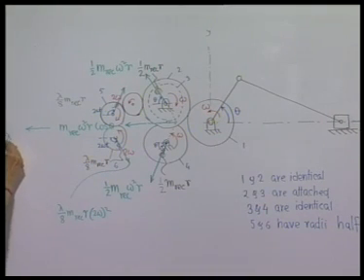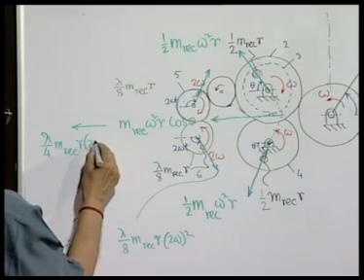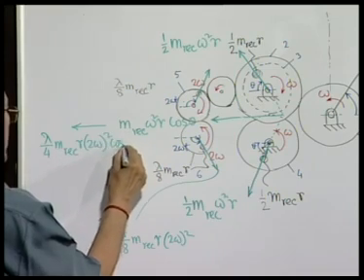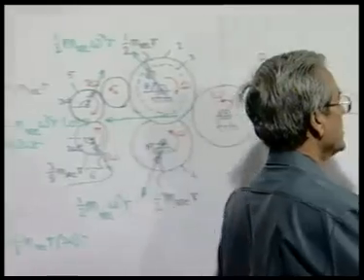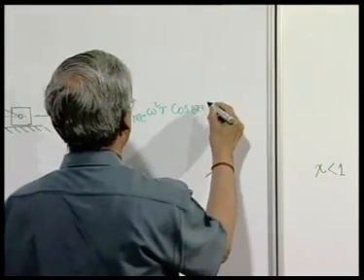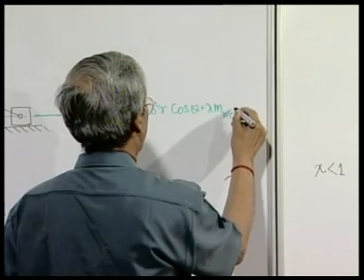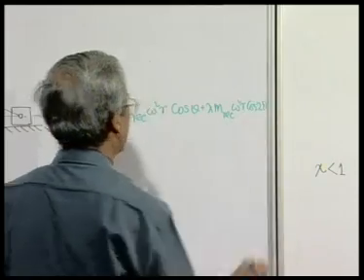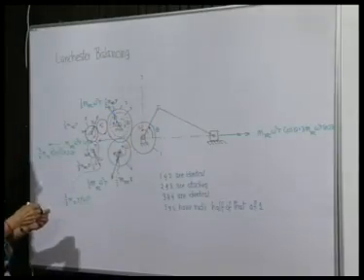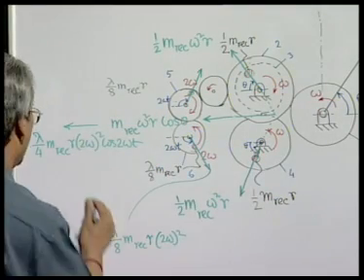So, it will be lambda by 4 m reciprocating r 2 omega square cosine 2 omega t, and the secondary force in this direction was lambda m reciprocating omega square r cosine 2 theta. So, you can find that omega t equal to theta.